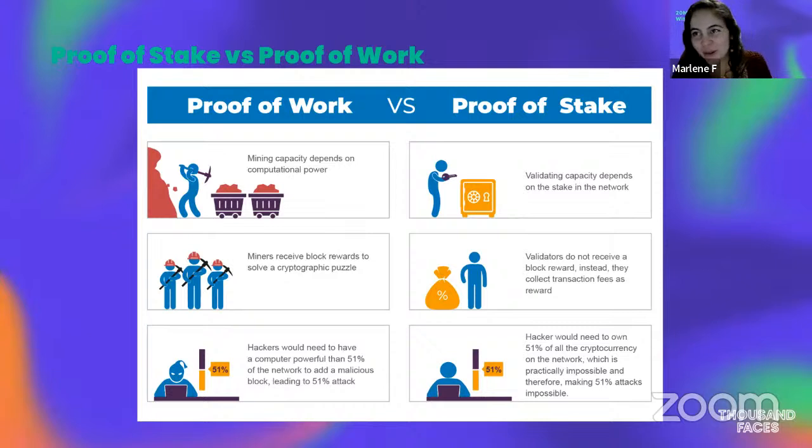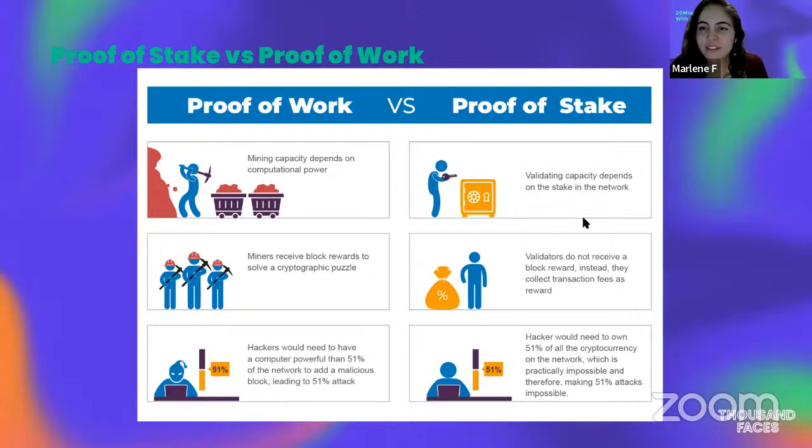That's why it's called a cryptographic puzzle. However, they don't have to do all the mathematical computation to try to find these numbers. That's why they're using the hash.